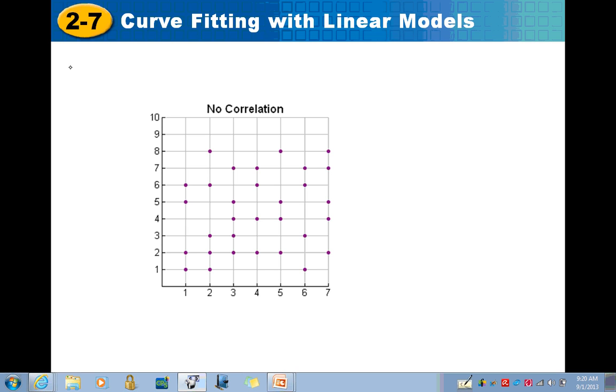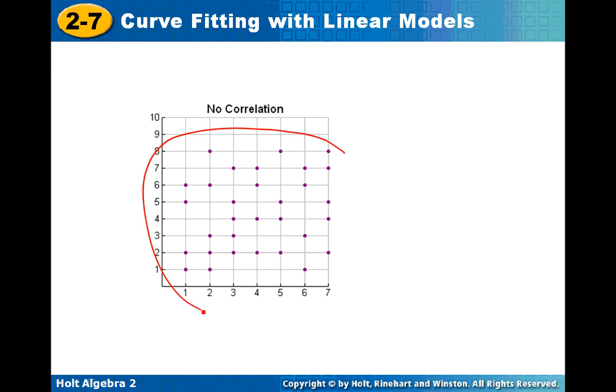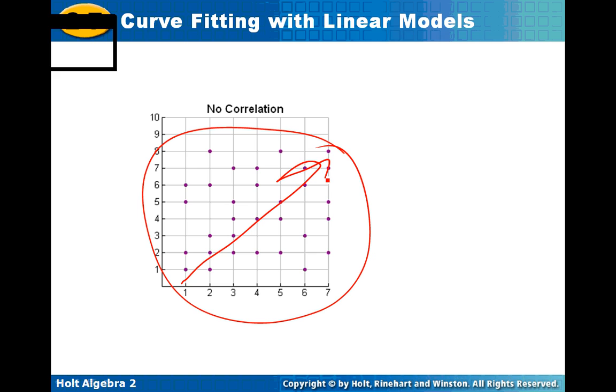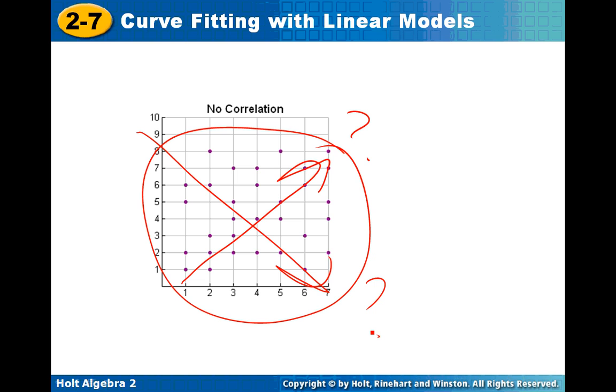All right. Now we're going to look at a situation where there is no correlation. If you look at all of these data points, it looks like a blob. Is it going this way? Is it going this way? I can't really tell.